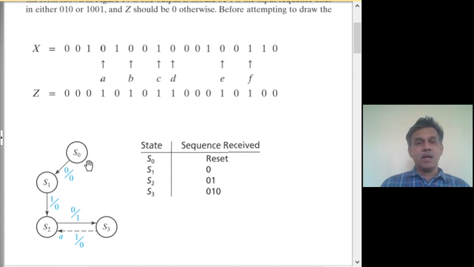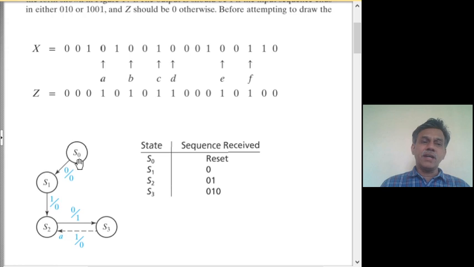Let us take an approach where we follow a Mealy approach to design the circuit. We could have followed a Moore approach also. It's just a matter of our taste or convenience to choose one way or the other. Let's say we are using a Mealy approach.